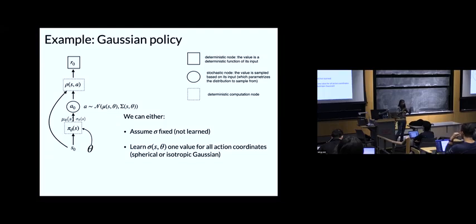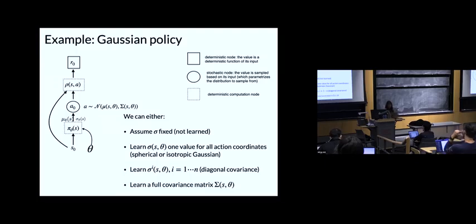Let's say I have 2 actions, steering angle and how much to press the gas: 2 for mu, 2 for sigma. Or you know what? I want to have a full covariance matrix, 2 by 2 in this case, and I want to parameterize all the upper diagonal, so essentially also the correlation between the 2 action coordinates. All of those choices are totally cool for you to take.